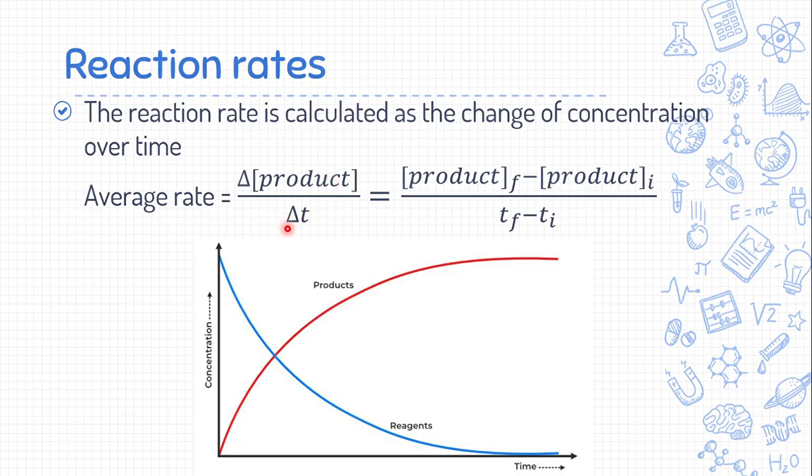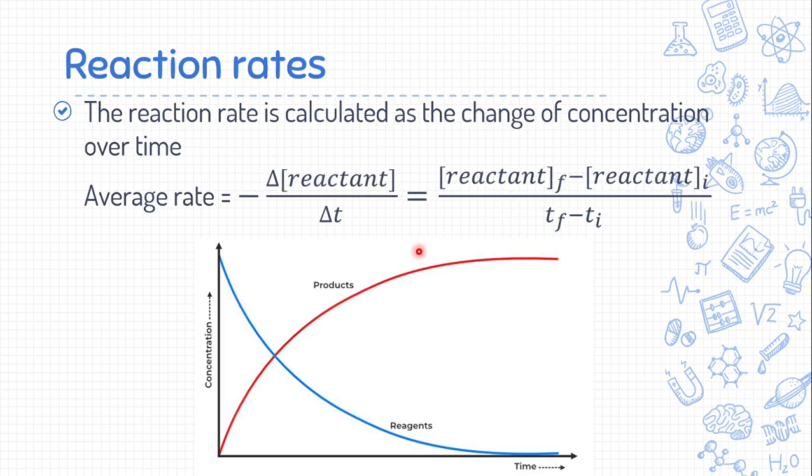Since this is change, just like in your physics lesson about speed or velocity, change is calculated by subtracting the initial from the final quantities. So the change in product concentration is the difference of the final and initial concentrations of the product over the change in time.